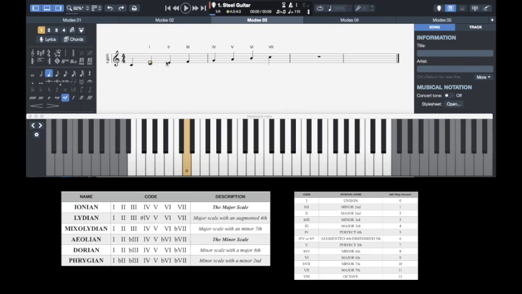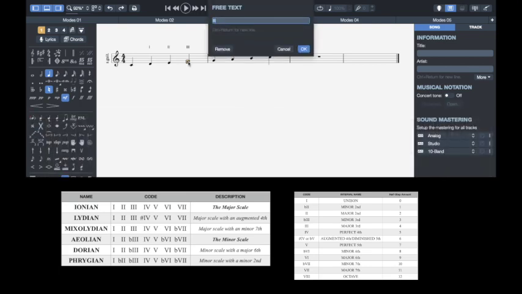So we move from this note to this note, and we find 1, 2, that is indeed a major second, 2 half steps. We move from here to here, and we find 1, 2, 3, which is not a major third, it's a minor third. So we need to reflect that in the code.